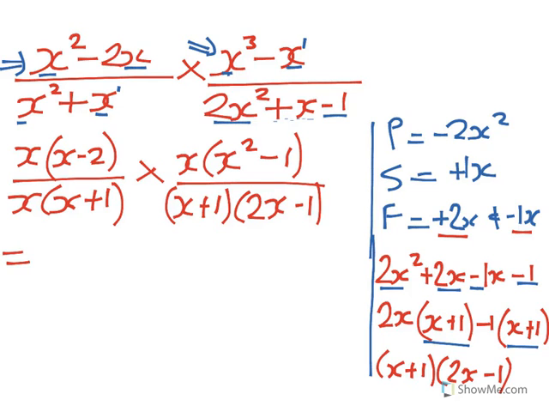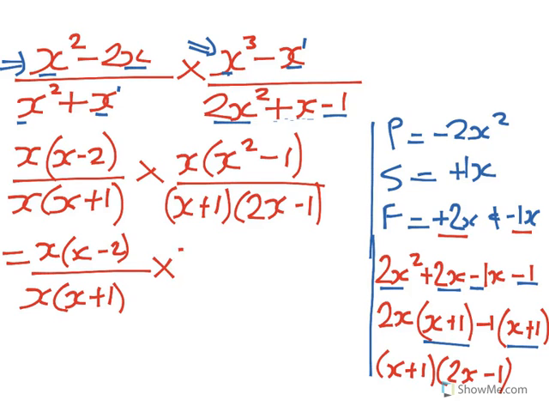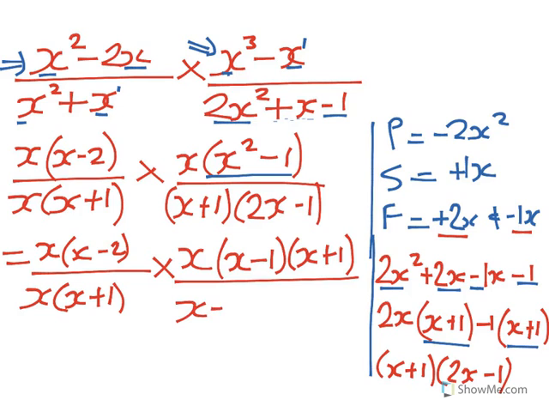If we continue, we have got x minus 2 over x plus 1 times x. Now recognize that this is a difference of two squares. So when you solve it, remember it's x minus 1, x plus 1 all over x plus 1, 2x minus 1.